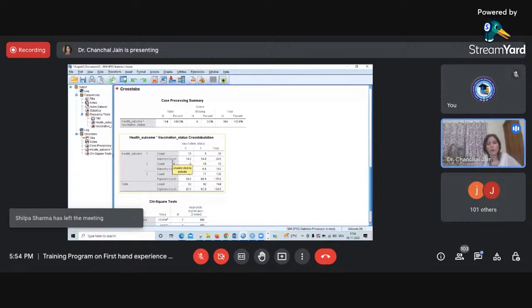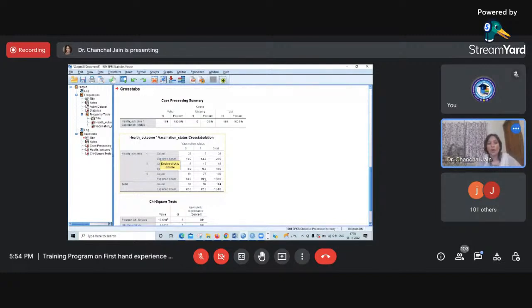We have not calculated it because SPSS will take care of this, and on the basis of our observed frequency, it will give us the expected count or the expected frequency. So for all three categories, we have the count, that is the observed frequency, and we have the expected count.